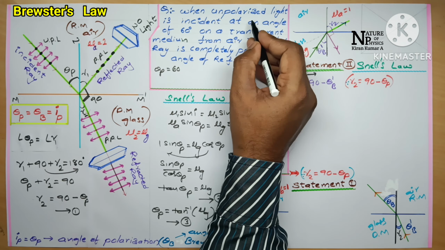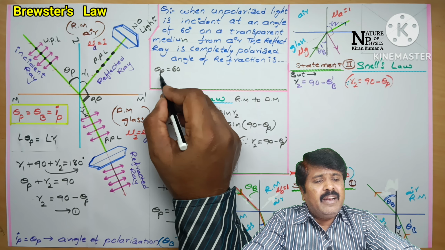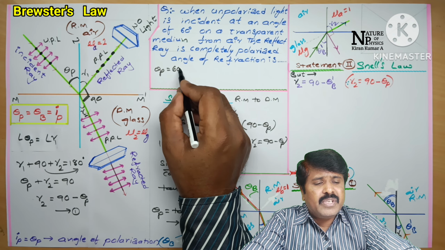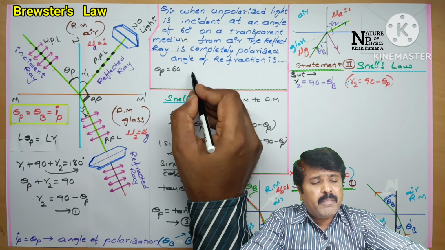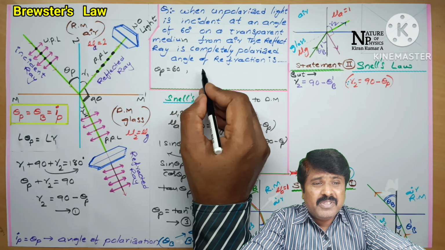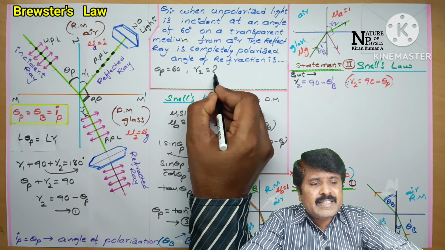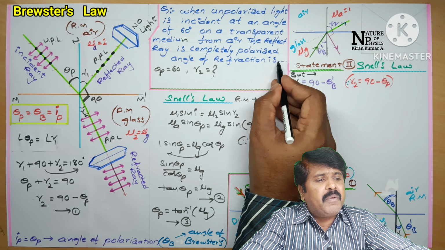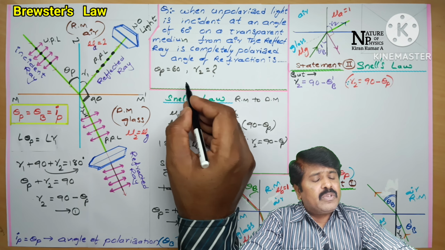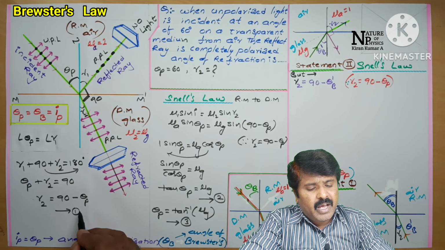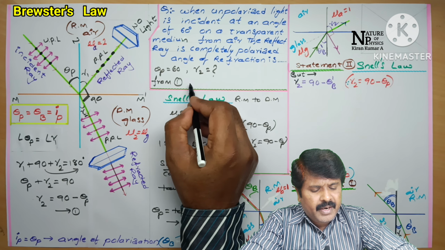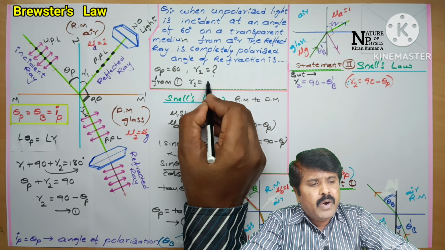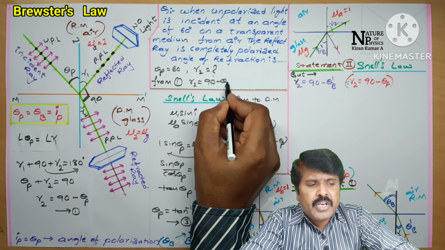Notice the difference. The unpolarized light angle, that is the angle of polarization, is 60 degrees as given, and next the basic formula, and what is being asked in the question is R2, that is the angle of refraction. So here the basic formula I already gave you from equation number 1, that is R2 is equal to 90 minus theta p.